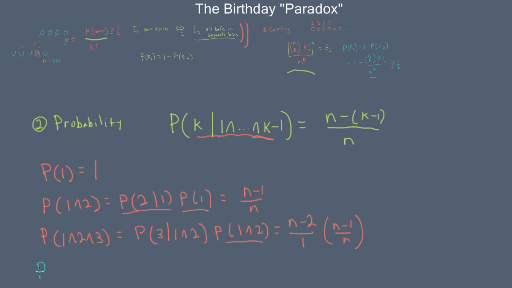So the general pattern of all balls remaining distinct up to k balls is given by this expression, where we distribute out the minus sign for the last term. And so we're going to bound this expression.